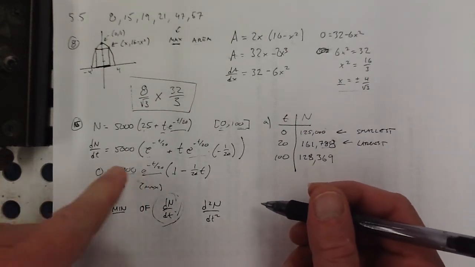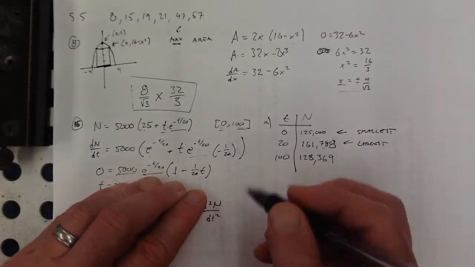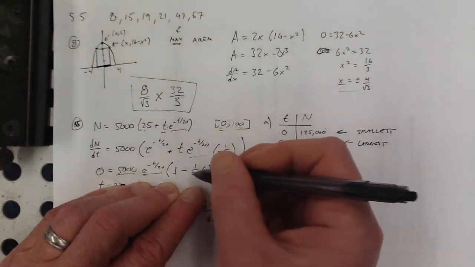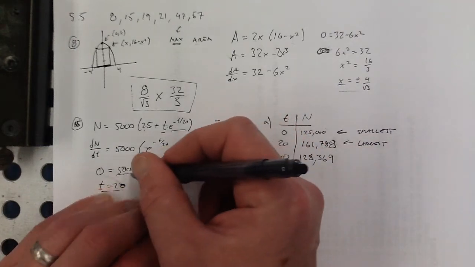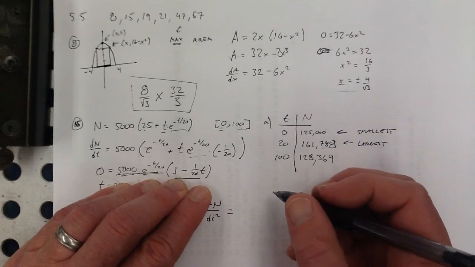So I need this. Here's my derivative. So let's take the second derivative. I'll treat this like the first and this like the second, and use the product rule.